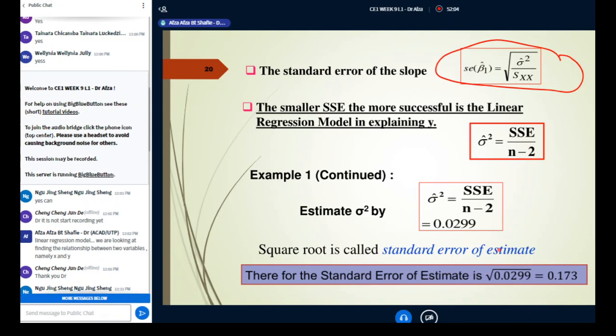So how do we get the standard error? The standard error is actually the square root of whatever you calculate from here. So that gives you a value of 0.173. All right. So this is the standard error that we get. So this is the first criteria that we meet. Whenever you do the testing of the model, you cannot just look at one.